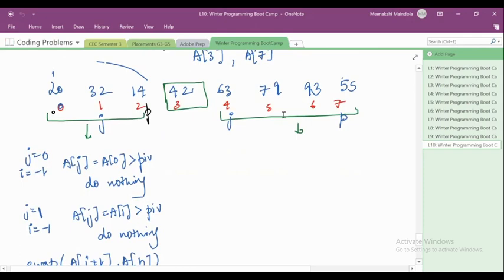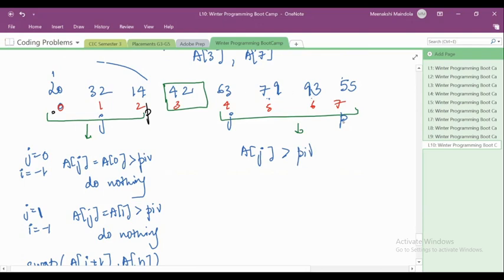Okay, so Rishabh says that it is going to be 55, 79, 93 and 63, which is correct. How? You are going to compare A of j, which is greater than the pivot element. Then you compare with this value of j, again greater than the pivot element. This is also greater than the pivot element.